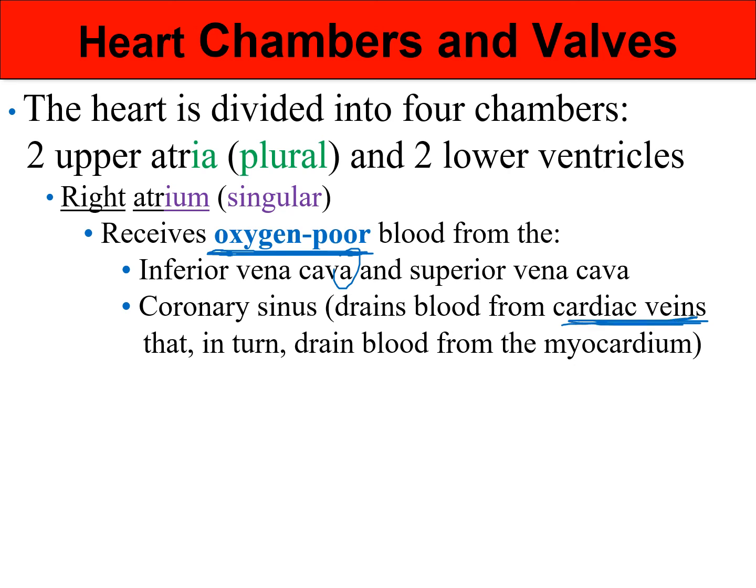And these veins are basically draining blood from the myocardium, after which the CO2 has been taken up by the blood. Okay, and that oxygen poor blood coming from the heart muscle itself dumps into this larger swelling called the coronary sinus, and that's going to dump into the right atrium. So you'll be seeing that in just a little while.